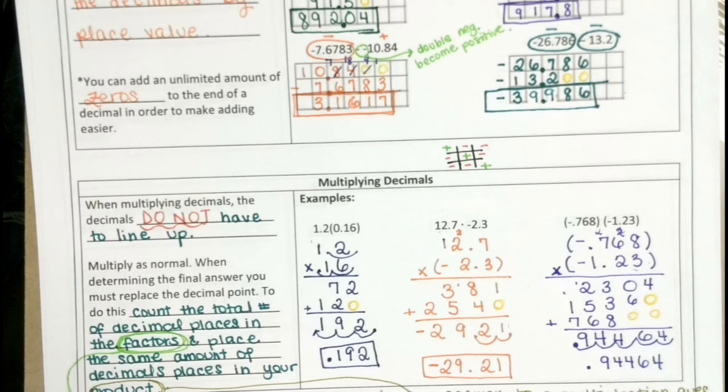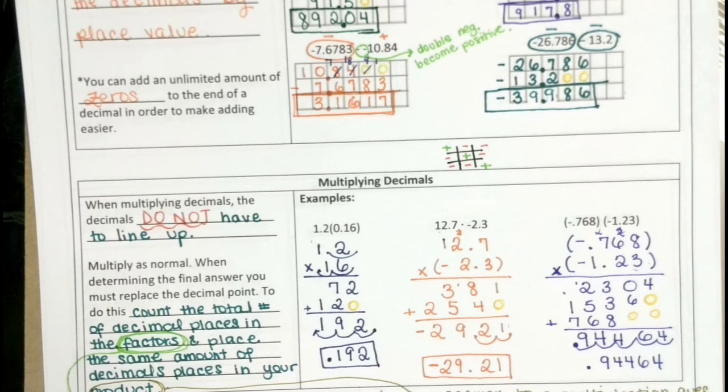And then you'll see that I went through and multiplied by hand and came out with a product of 94,464 millionths as our decimal. In our first factor of -768 thousandths, there are 3 decimal places. In our second factor of -1 and 23/100, there are 2 decimal places.